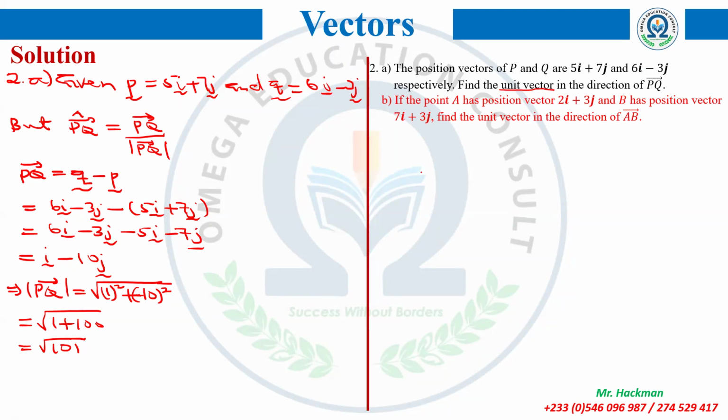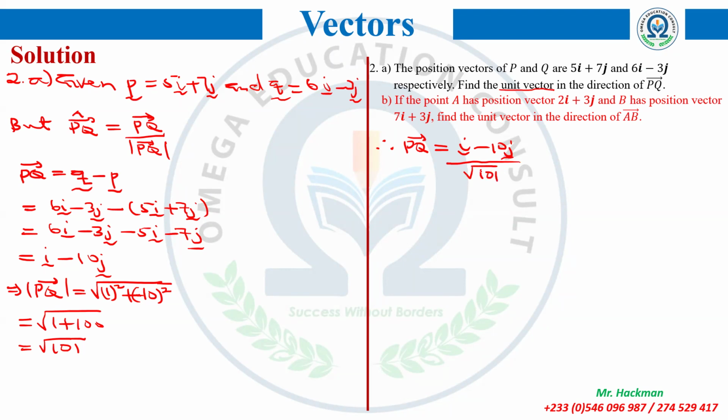So at this point, we are going to substitute. Therefore, in carrying out my substitution, the unit vector in the direction of PQ will be equal to PQ, which is I tilde minus 10J tilde, all over the magnitude, which is root of 101.